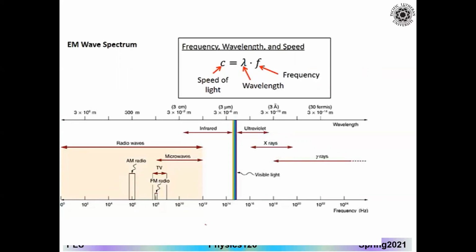The spectrum can start from zero, from low frequency, to very, very high frequency. Every certain range of frequency has the same properties, and we name it with one name. Similarly, the division of the spectrum can be represented by wavelength.